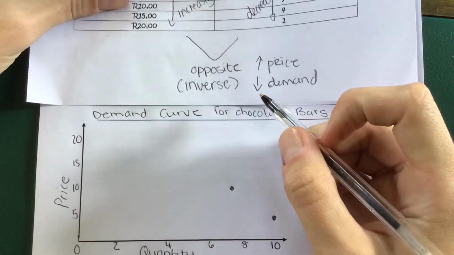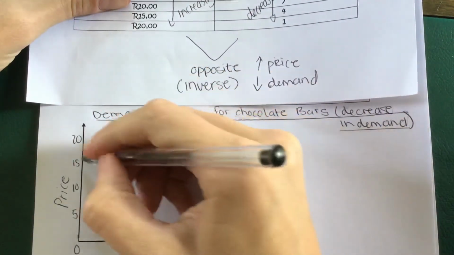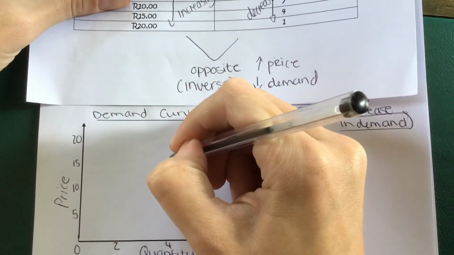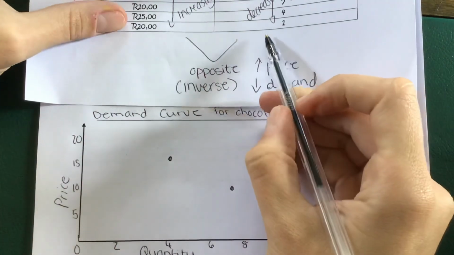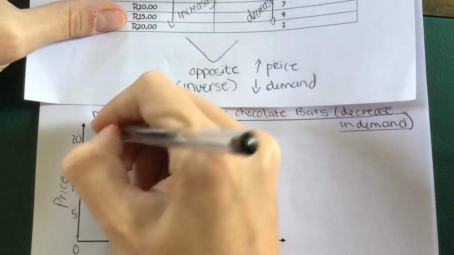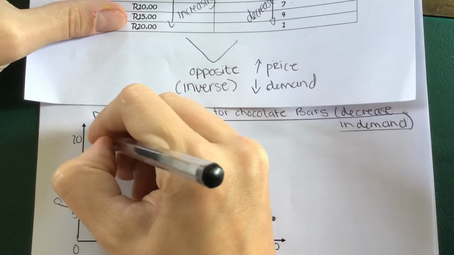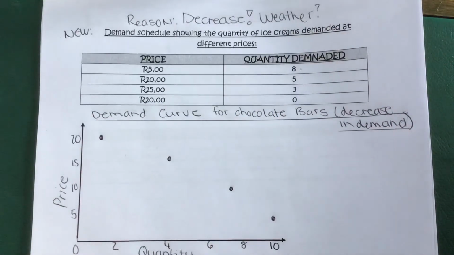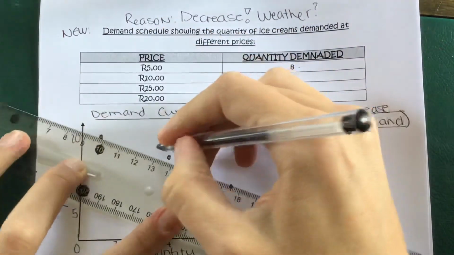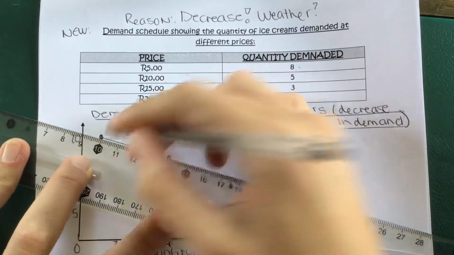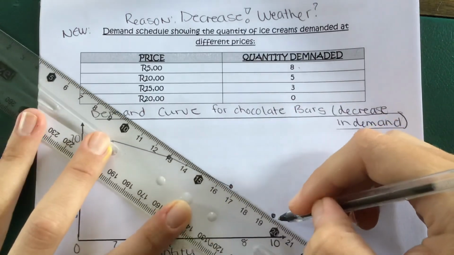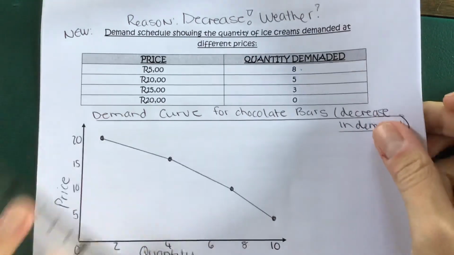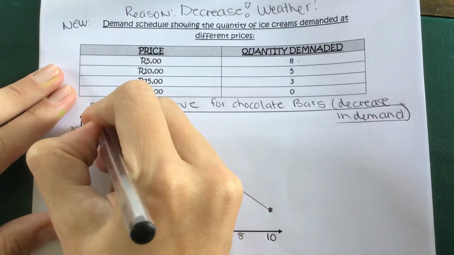Then 15 and 4. And lastly, 20 and 1. Then remember, we need to connect the points using a ruler, and we label it D1 because it's the first one we've drawn.